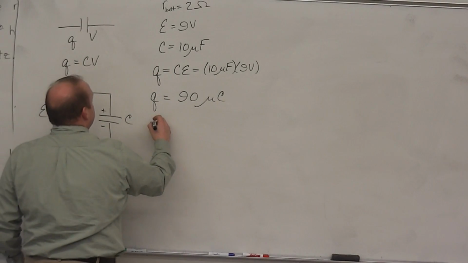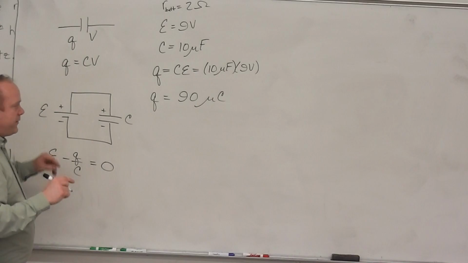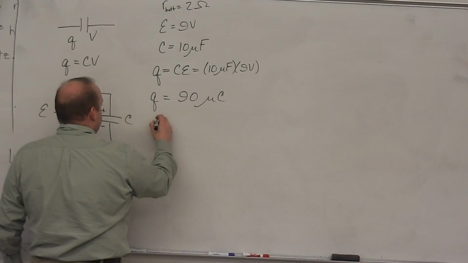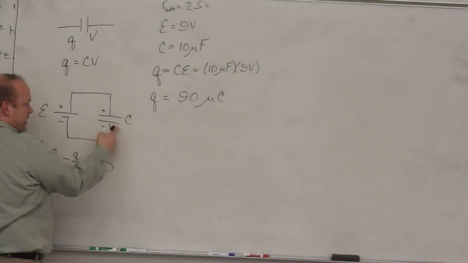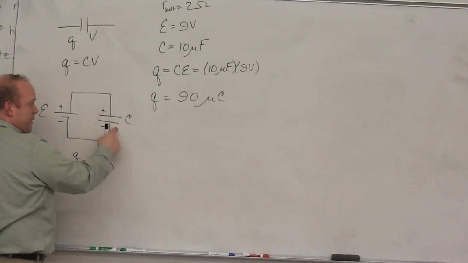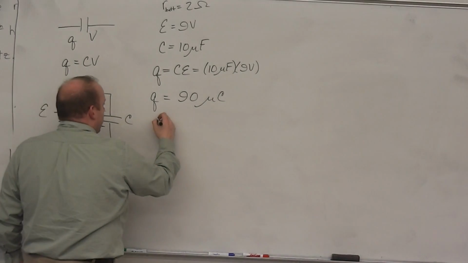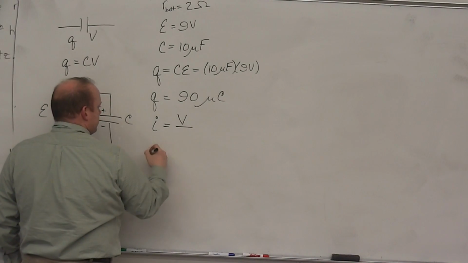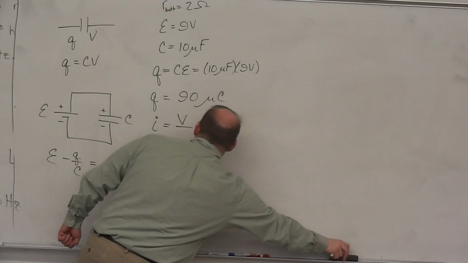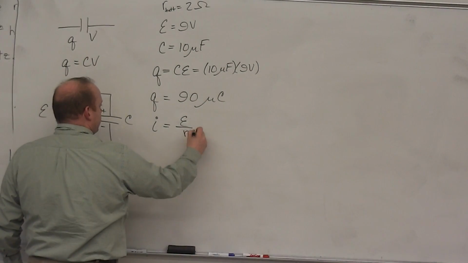Let's figure out the current that exists, at least for the time being. Initially, before this has any charge on it, before it has any potential difference, the current will equal the voltage E over that resistance.